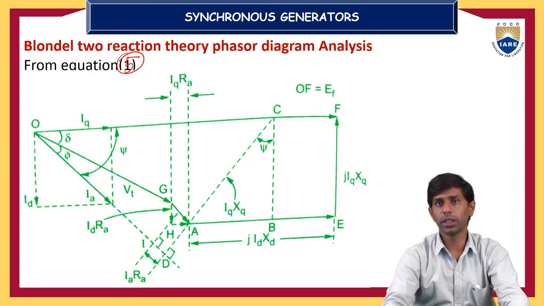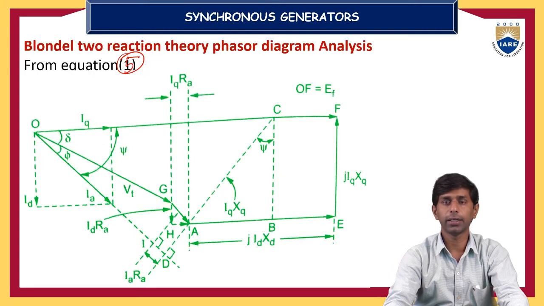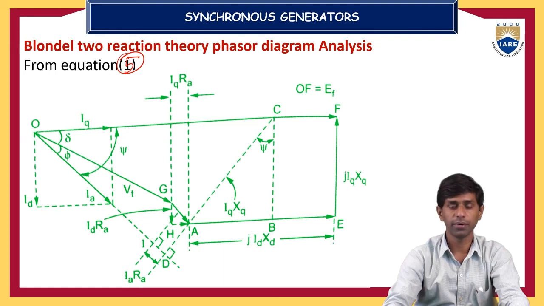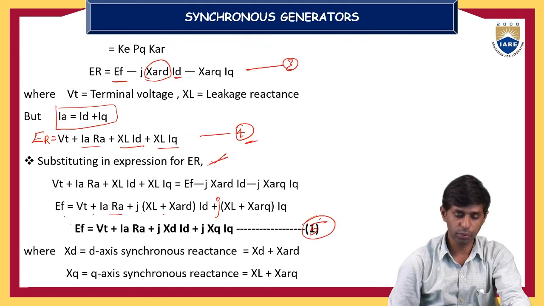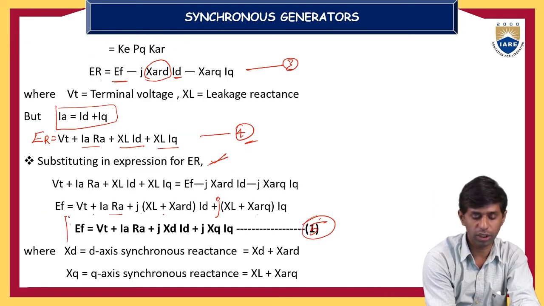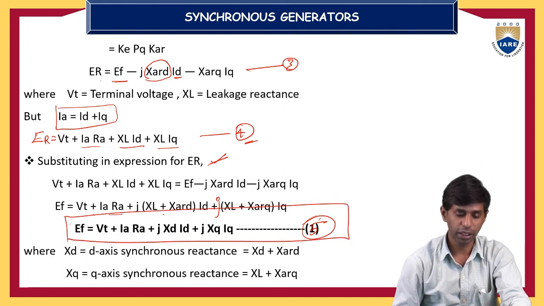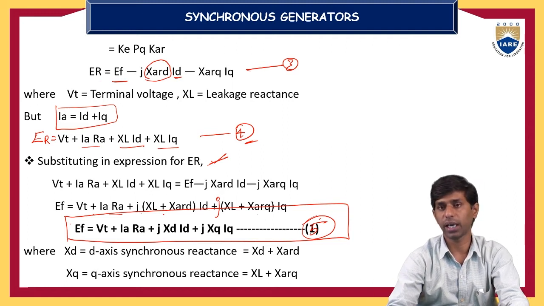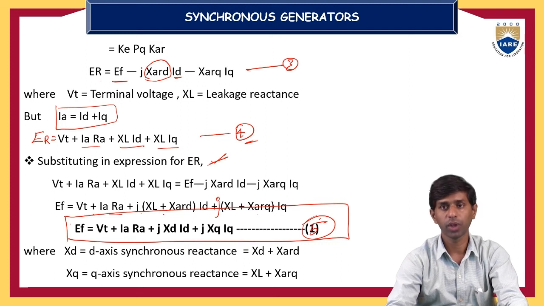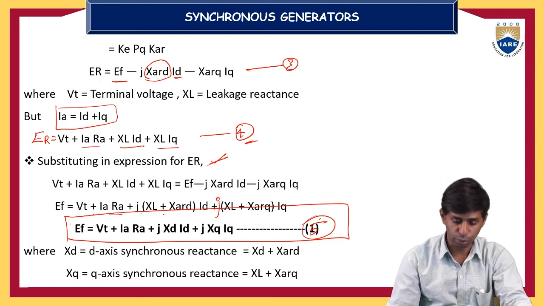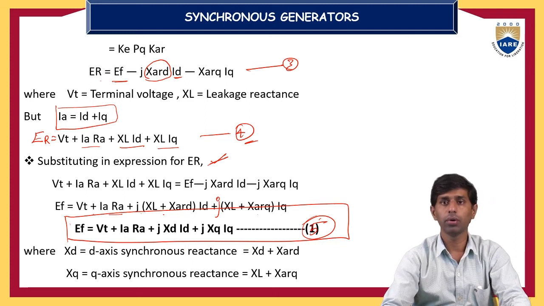So let us look at the two reaction theory phasor diagram from equation number 5. Draw the phasor diagram according to this equation: EF is equal to VT plus IA RA plus j into the drop due to the direct axis reactance XD into ID, and the drop due to the quadrature axis reactance XQ into IQ.